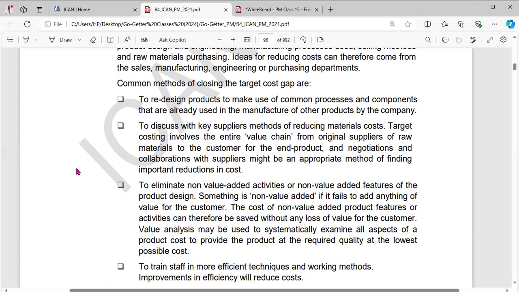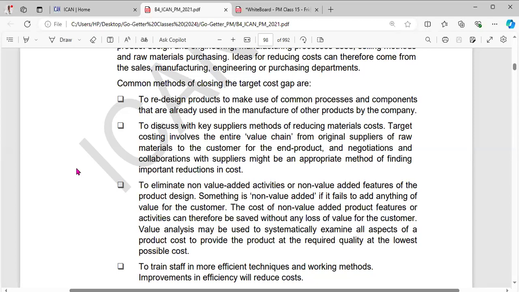So instead of using another design that is going to require high costs, you can now use common processes that are already in use, so that you will not be paying high design costs. Then you can also reduce the cost of materials supplied. So you discuss with suppliers to reduce the material cost.